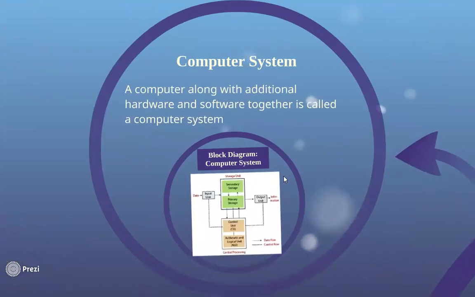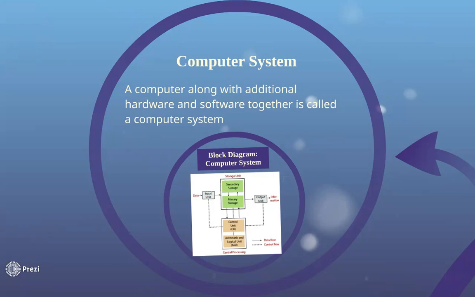So what is a computer system? A computer along with additional hardware and software together is called a computer system. So a computer system consists of hardware and software. Like if you see a computer or a PC, which in general terms we call a personal computer, it comes with a monitor, keyboard, a cabinet, and a UPS.